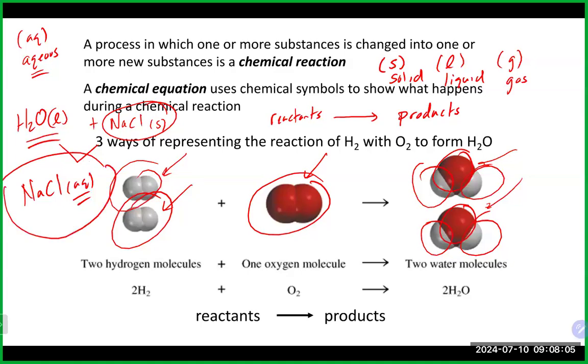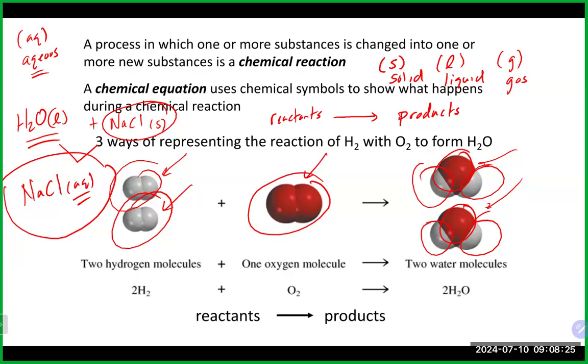So aqueous is basically a solution. It is a homogeneous mixture. Basically, you take at least 2 things and dissolve them in each other. A liquid is something that is just a pure substance by itself. So again, there are differences in that.